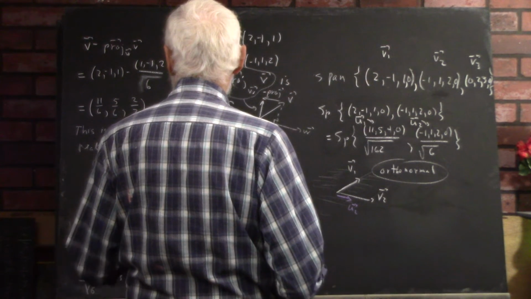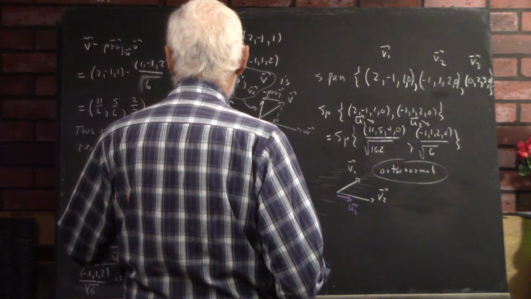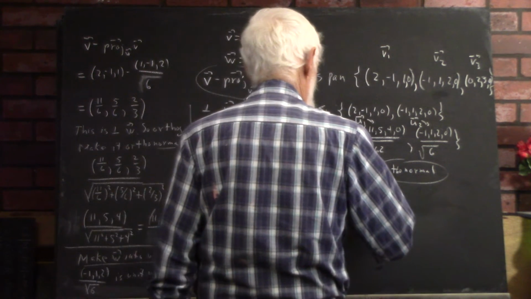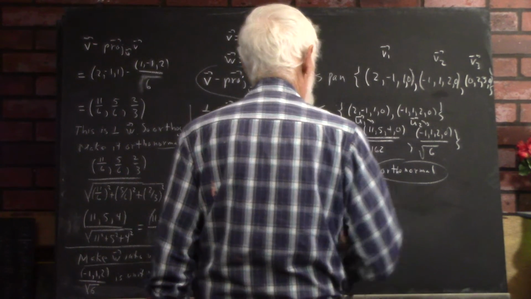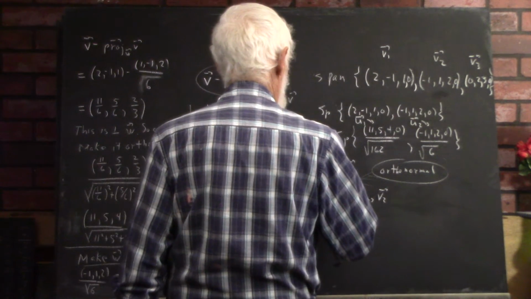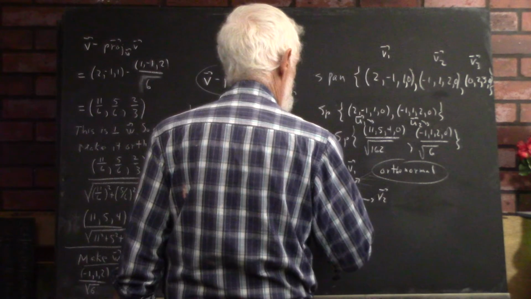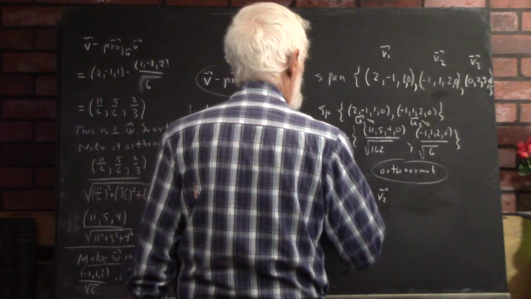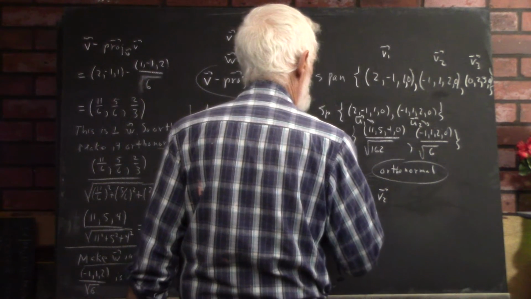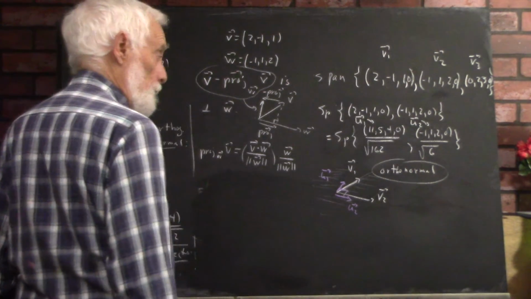So what did we do? We subtracted, I'm not going to even think that much. Okay, so here is u1, and now u1 and u2 are at right angles. v1 and v2 were not quite at right angles.